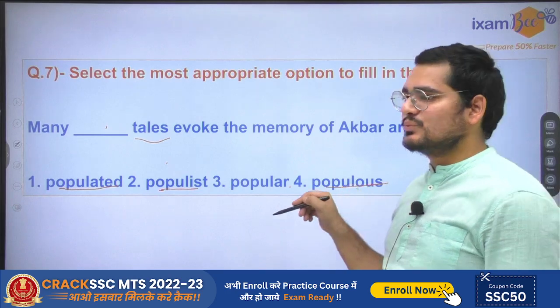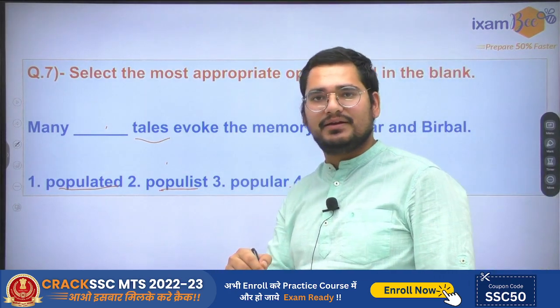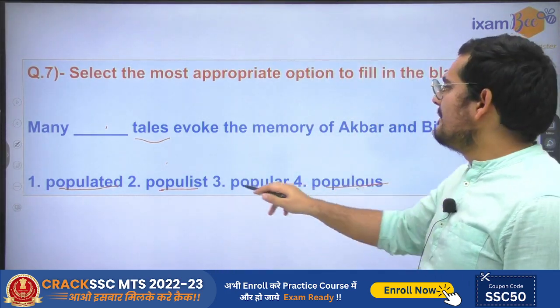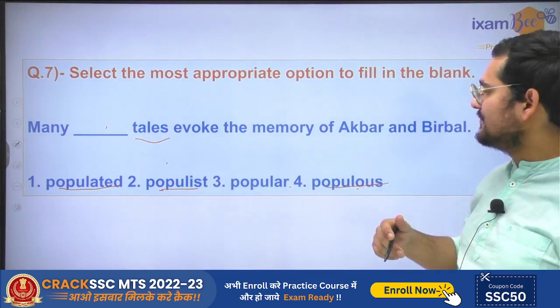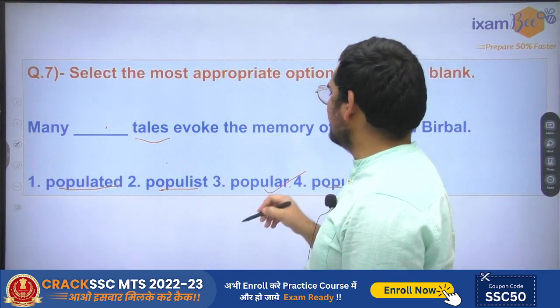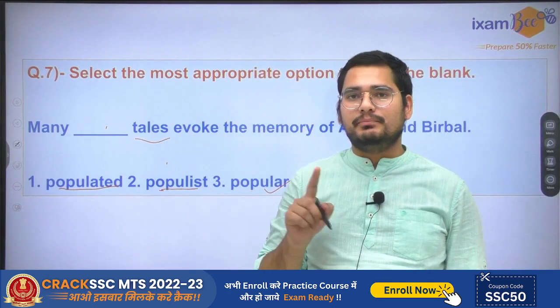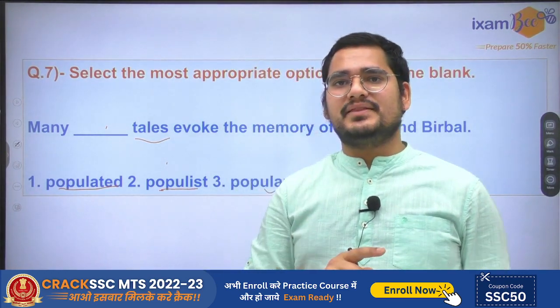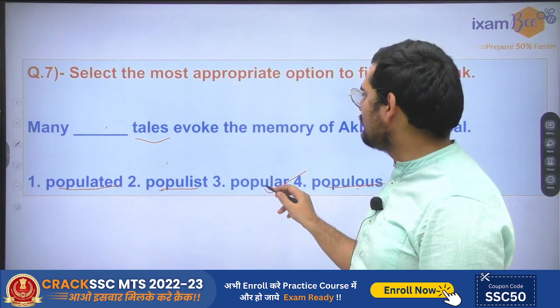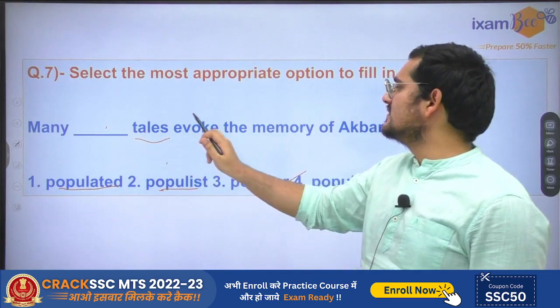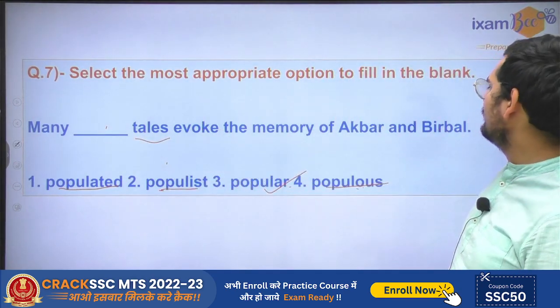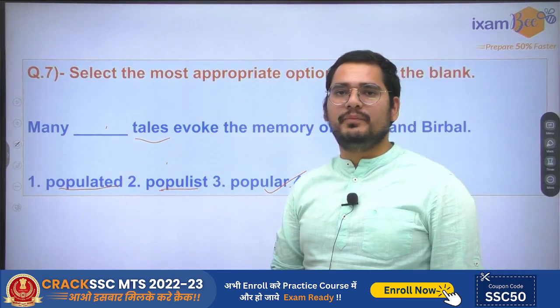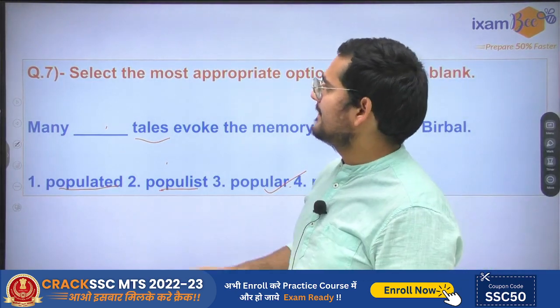Populous is a place which is highly populated. So many populous tales cannot be. So popular would be a correct answer, because we know popular means something that's well known, something that's famous. Okay, so many popular tales evoke the memory of Akbar and Birbal. So popular would be a correct option here.